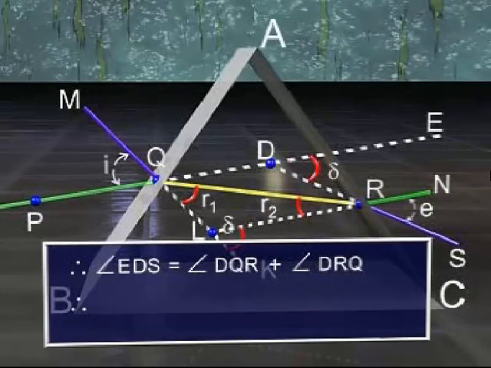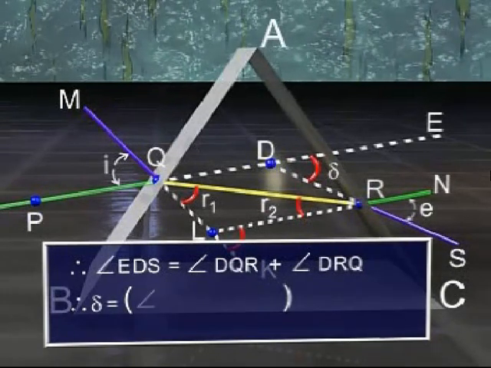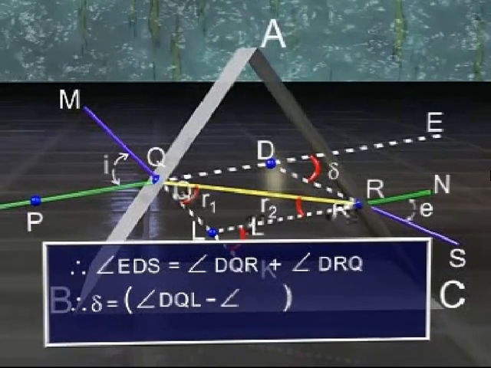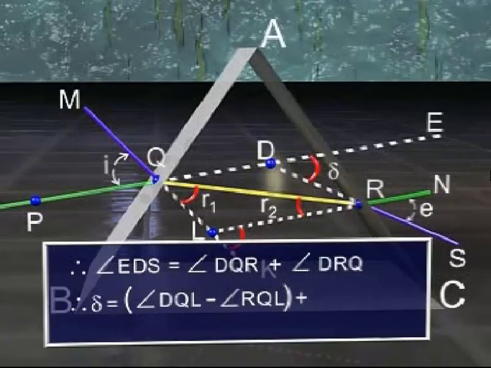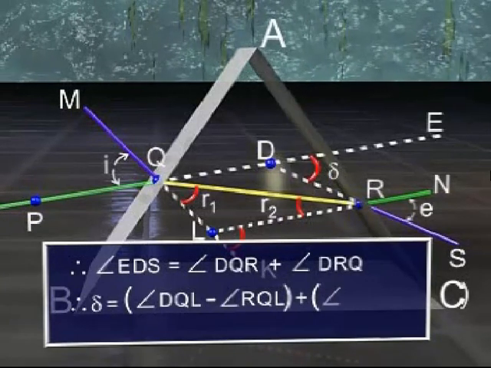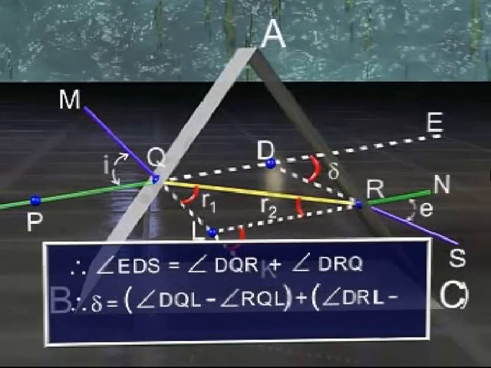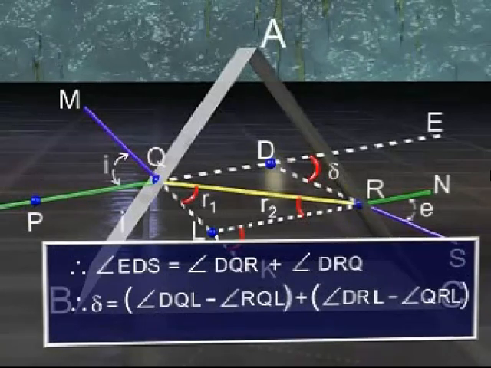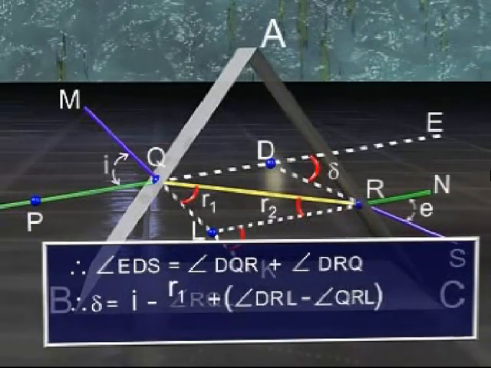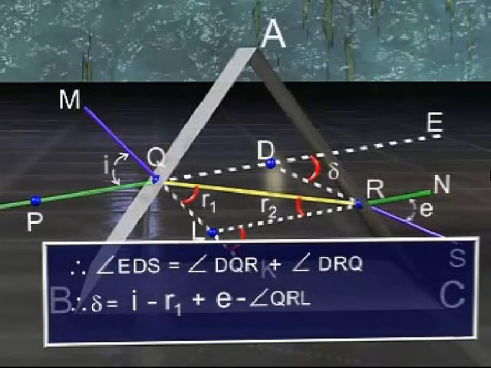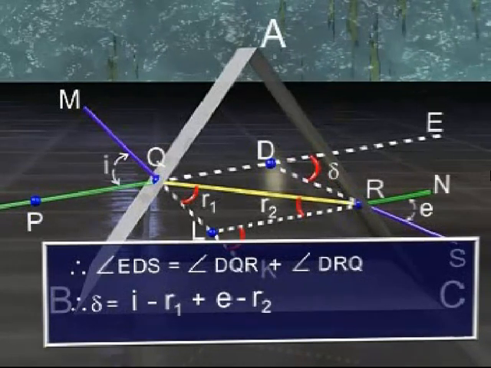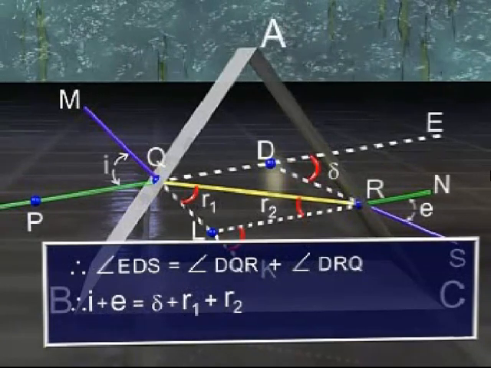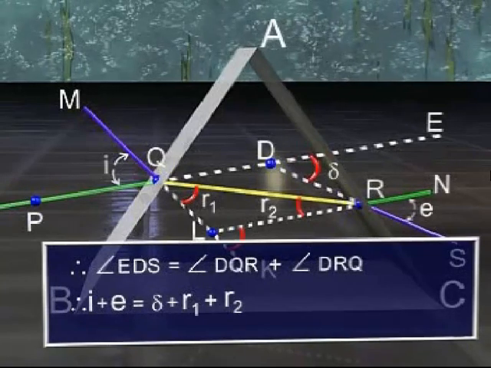Therefore, delta is equal to, in brackets, angle DQL minus angle RQL, plus, in brackets, angle DRL minus angle QRL, equal to I minus R1 plus E minus R2. That is, I plus E is equal to delta plus R1 plus R2.